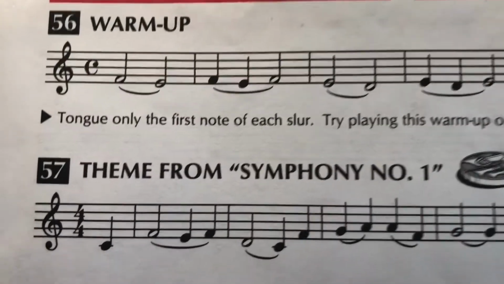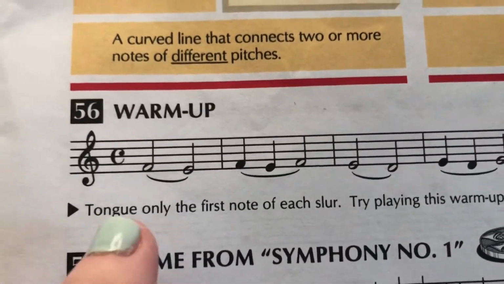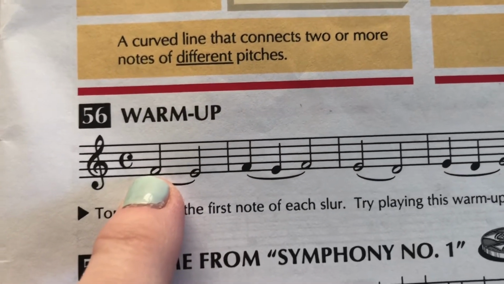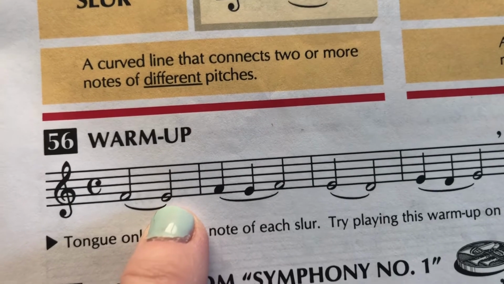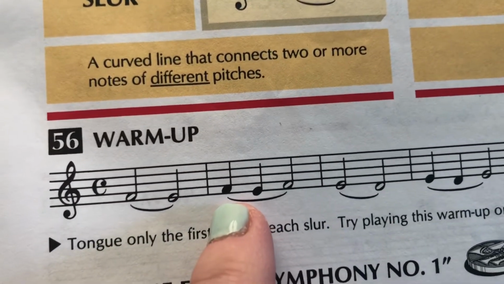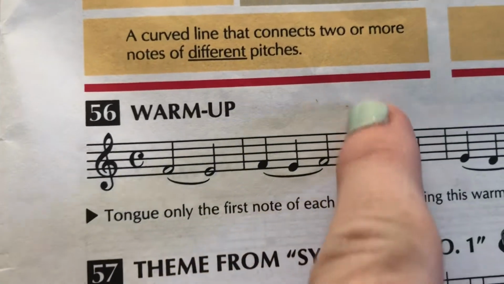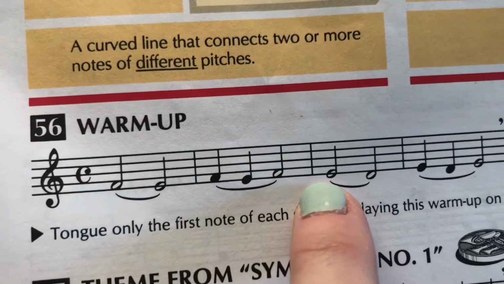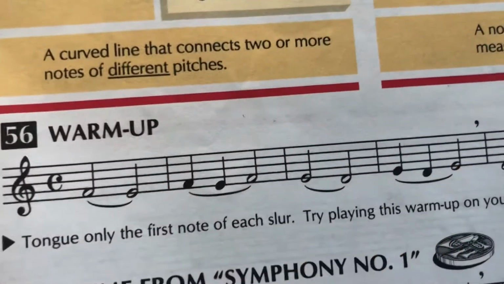They were all connected together. Just to be clear, the first note of each measure we tongue, you do not use a tongue for the notes after that, but when there's a break between the slurs, you start the next one with a tongue again, and do not tongue these, and then there's a break, and you start with a new tongue again here. Each measure in this example starts with a new tongue.